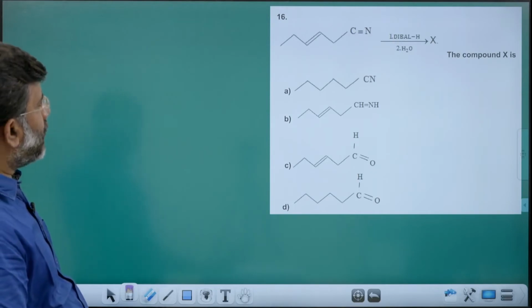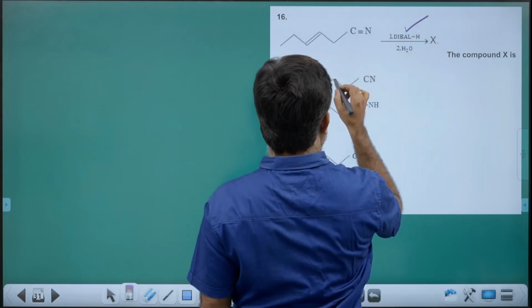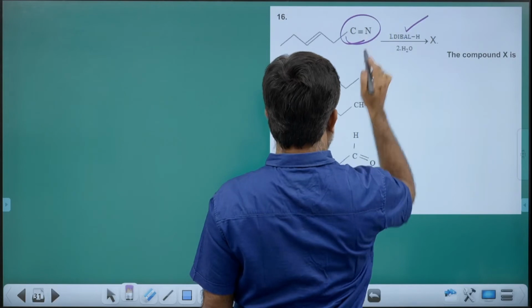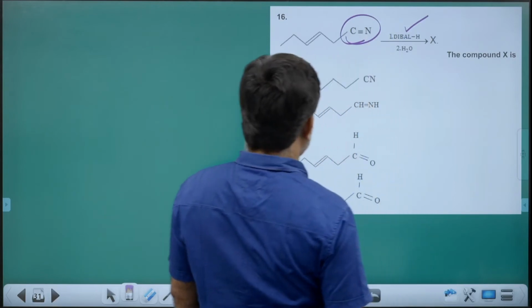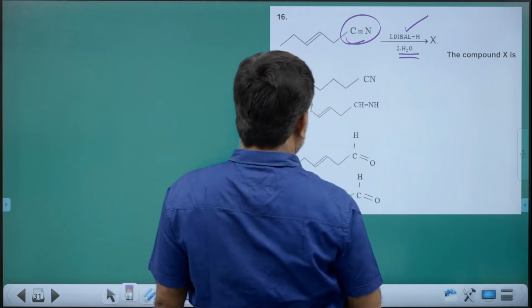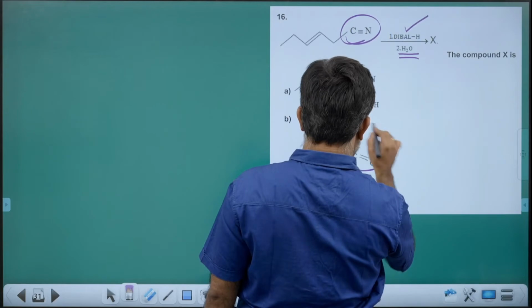DIBAL-H is a selective reducing agent. CN will be reduced to. It is hydrolyzing, no? If not hydrolyzing, you get this. Hydrolyzing means the answer is this.